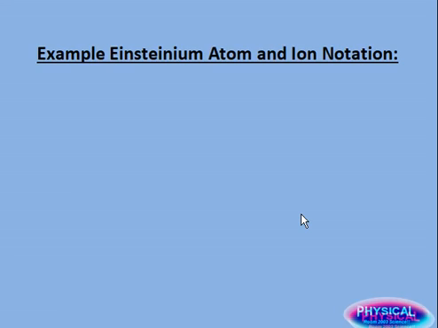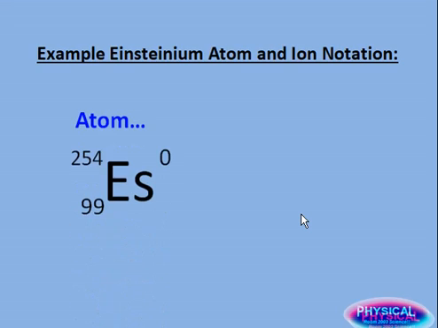I want to start with an example from my personal favorite atom element, and that is Einsteinium. In the first example, we have the notation for an Einsteinium atom. How do I know that? Because here the net charge says 0, and we don't have to write the 0 when that is what the net charge is.